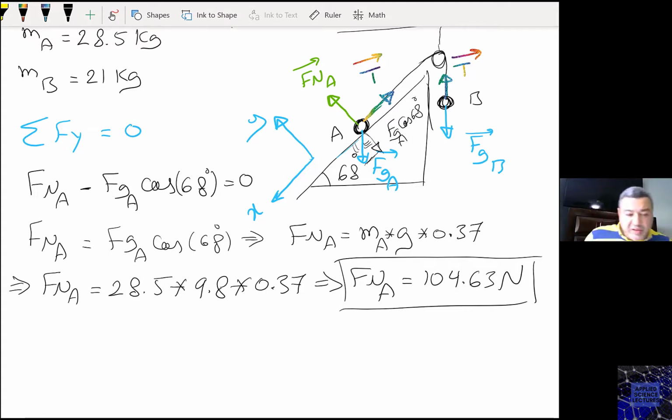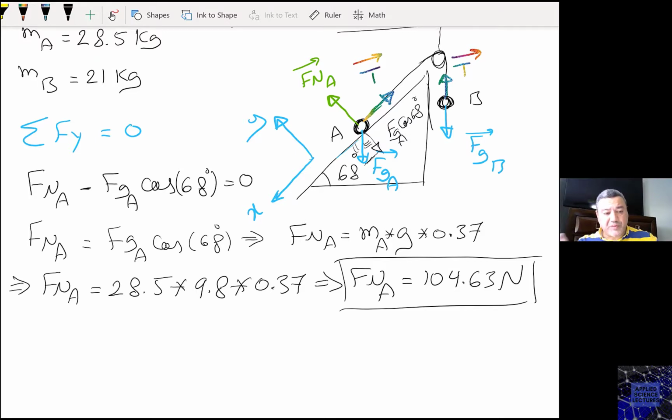Okay, I have a question here. Number one, let me start with the second question. When I was calculating FNA, FNA has only a component on the y-axis, and zero projection on the x-axis. The tension force is perpendicular to the FNA, right?